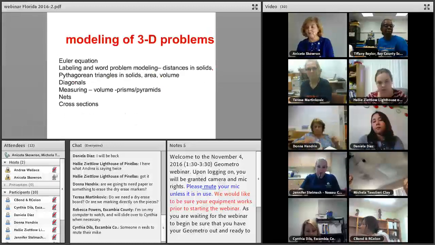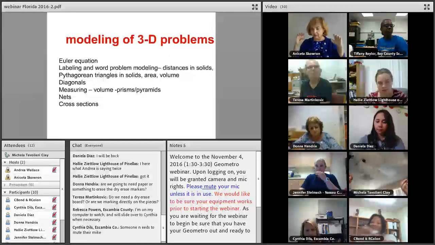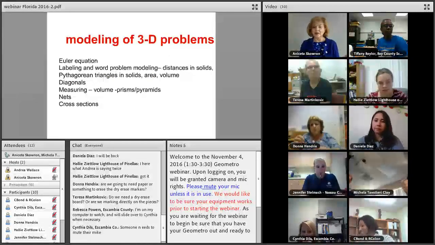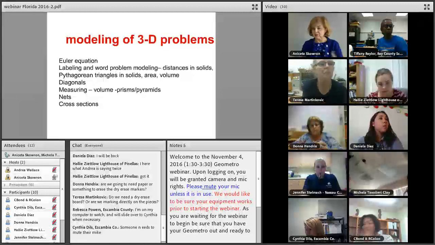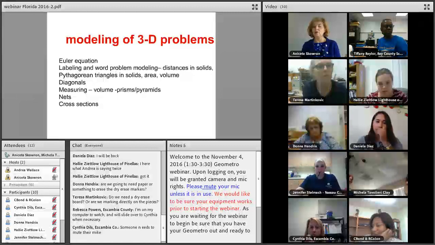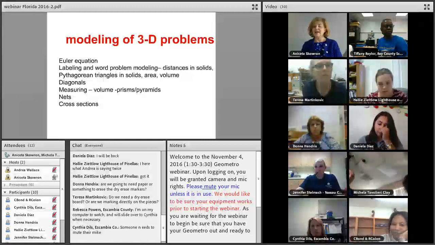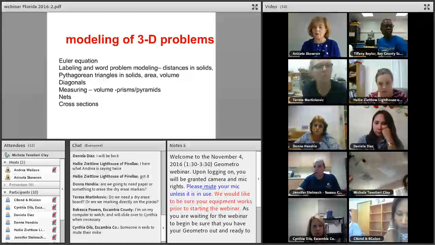What kind of problems are we going to be touching here? I will be talking about the Euler equation and how to use solids to actually play with it. Then I will show you how to label solids and how to show all the distances in solids, how to model word problems.